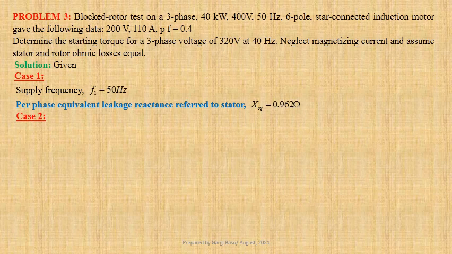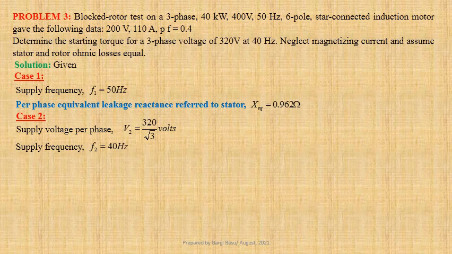Case 2. Since the stator is star connected, supply voltage per phase V2 equals 320 by root 3 volts and supply frequency F2 equals 40 Hz.